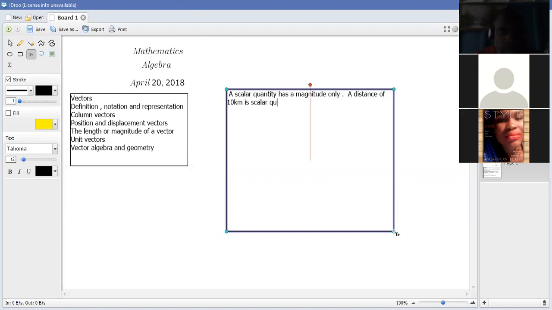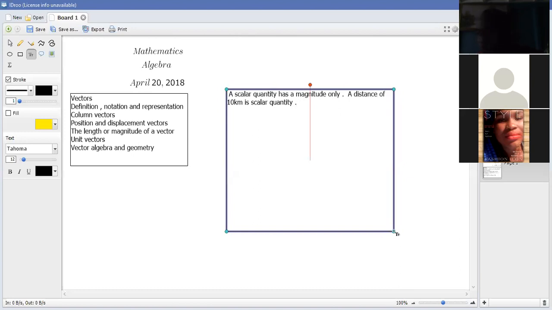So whenever we talk about distance, we're talking about a scalar quantity. We call it a scalar quantity, right? So the magnitude is the 10 kilometers right there.